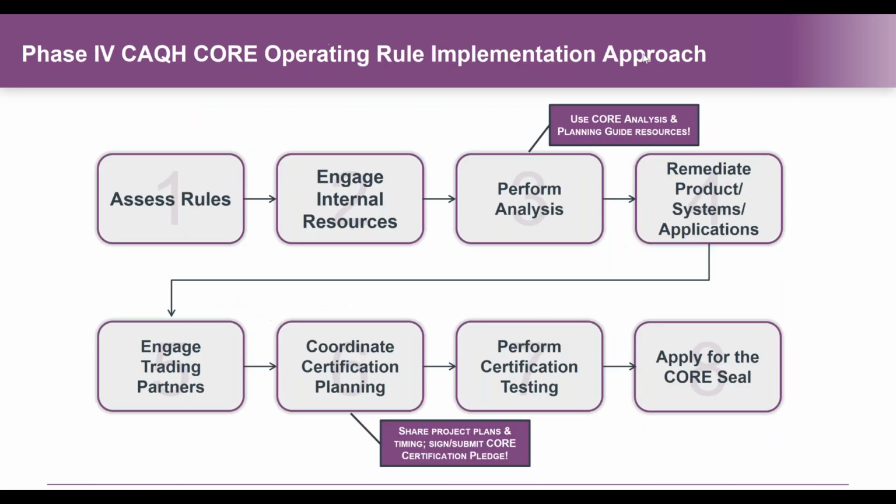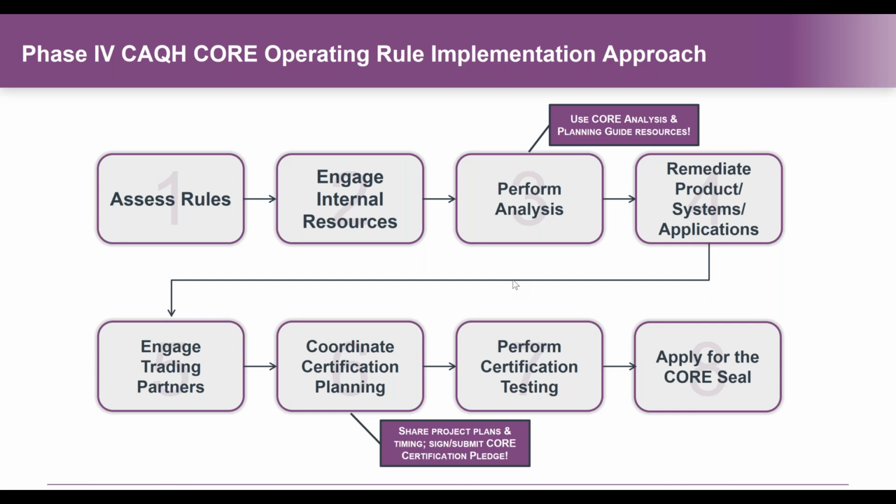So on the next slide, as you can see, we've mapped out the best path approach your organization can take when implementing and certifying on the Phase 4 operating rules. This approach starts with an assessment and reading of the operating rules themselves, followed by engagement of internal resources to kick off and start your project.